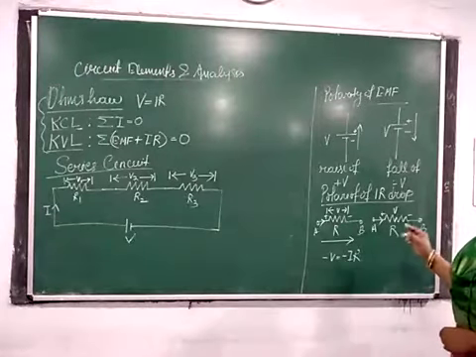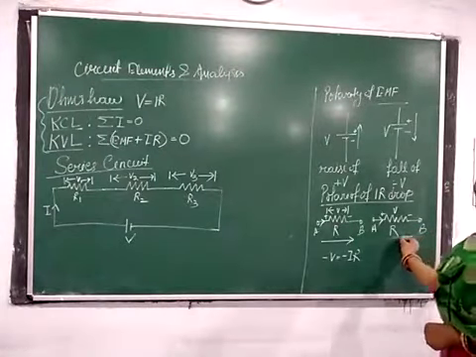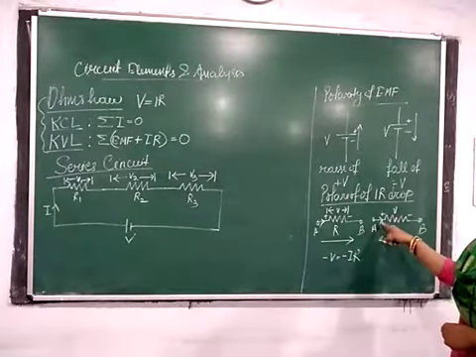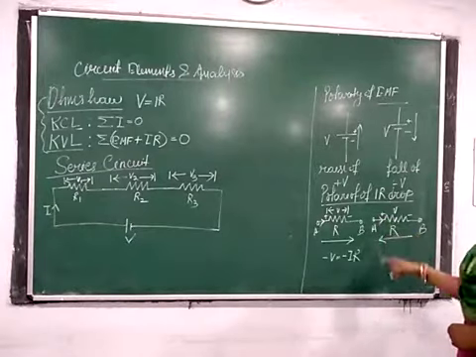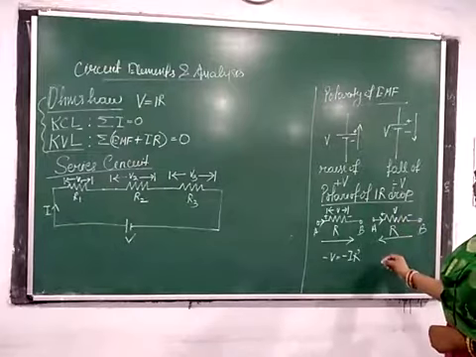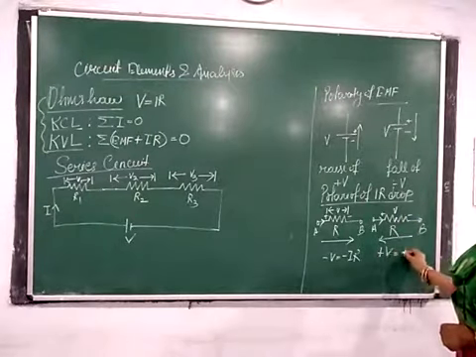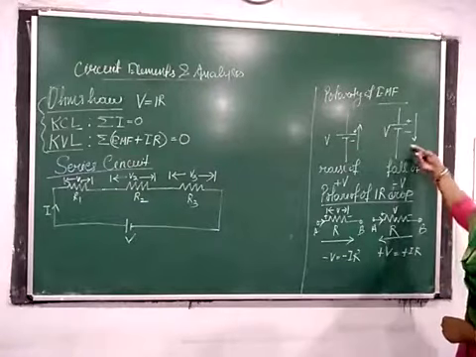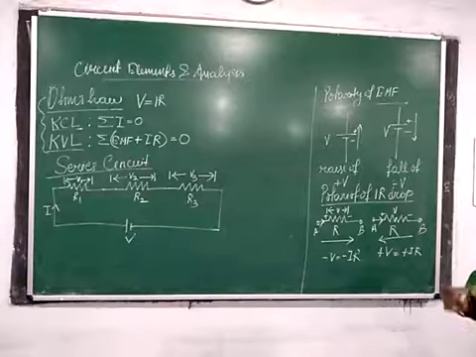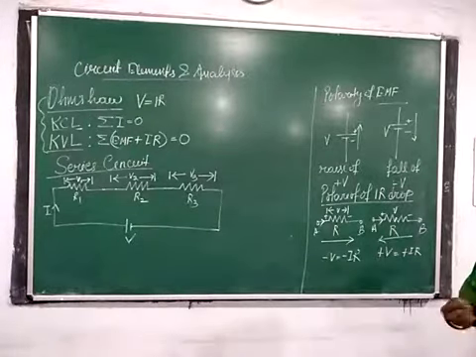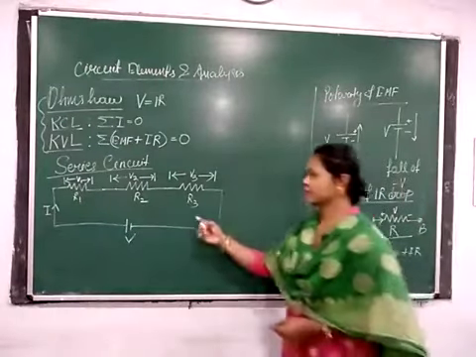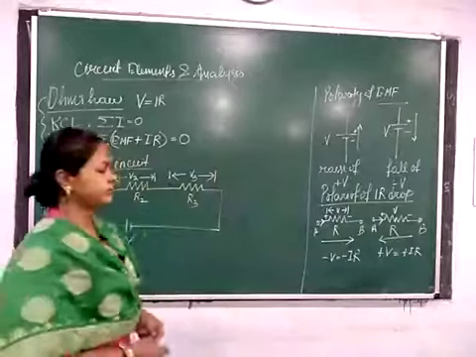If your motion is from B to A, opposite to the branch current, then the polarity of this voltage drop, that means the IR drop, is positive, that is plus IR. Based on these two concepts, you can write the KVL equation for any closed path. So come to this circuit where we find the equivalent resistance.